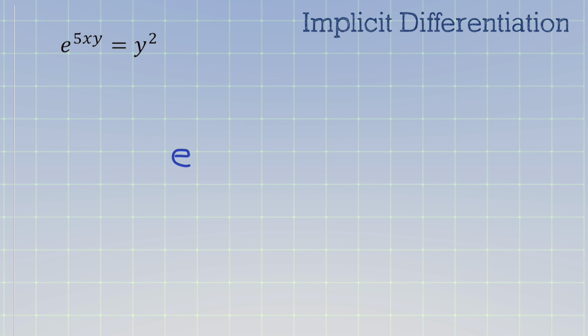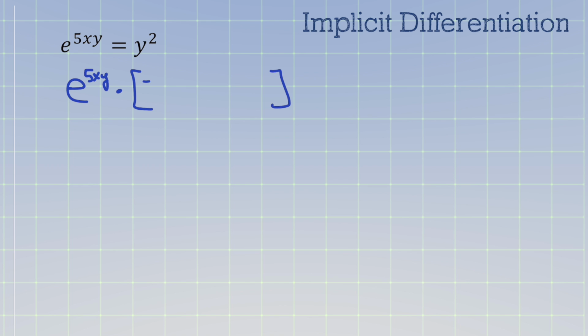Remember, the derivative of e to the u power is e to the u, so the exponent stays the same, but then you tack on the derivative of that inside function. That's called the chain rule. So the derivative of e to the 5xy would be e to the 5xy. But we're going to tack on the derivative of that inside function, the 5xy.